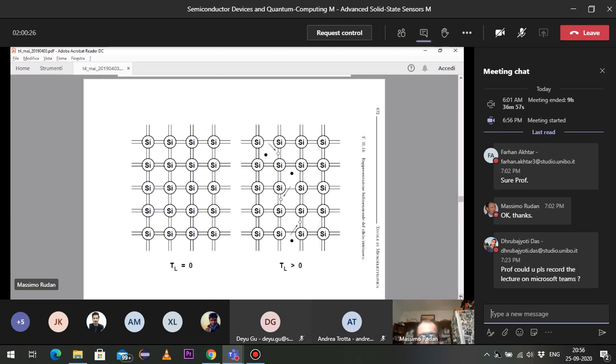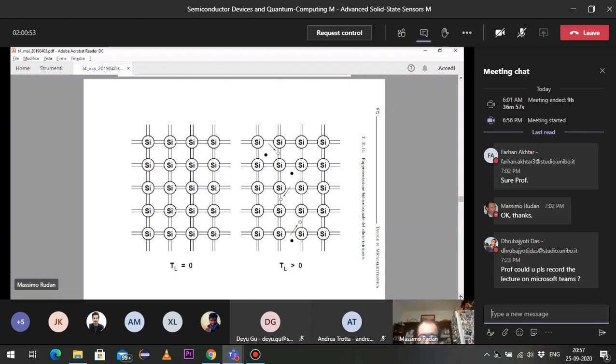Okay, so a movement of an electron in one direction can be described as a movement of a hole in the opposite direction. Instead of having a negative particle that moves northeast, you have a positive particle that moves southwest.